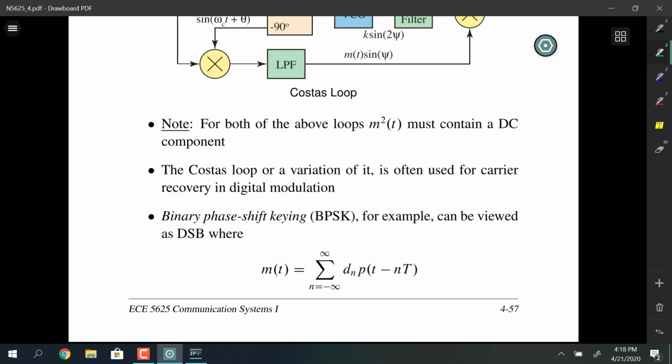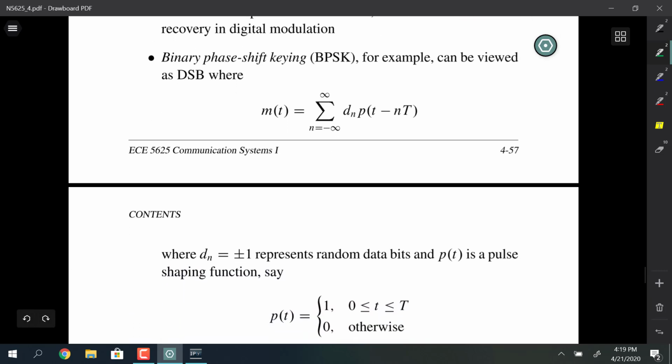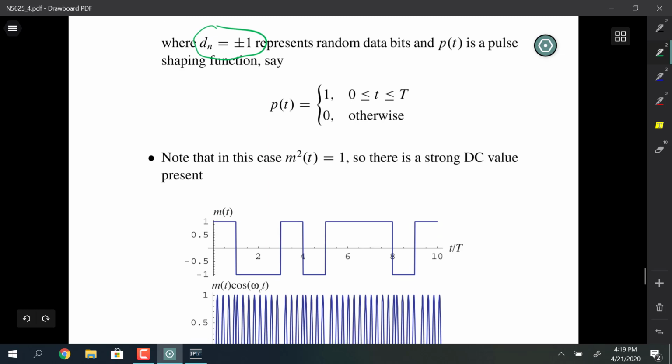binary phase shift keying. BPSK is just simply a bit stream with some pulses, P, and then the bits are plus and minus amplitude values. So plus and minus ones would be how you translate 0 and 1s to plus and minus 1.